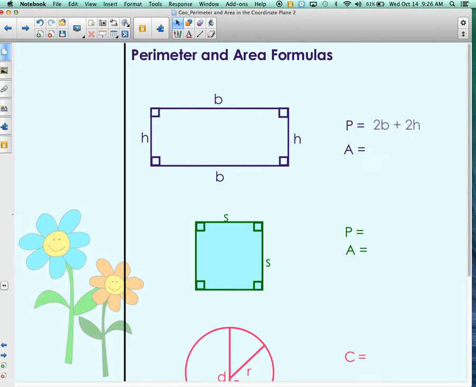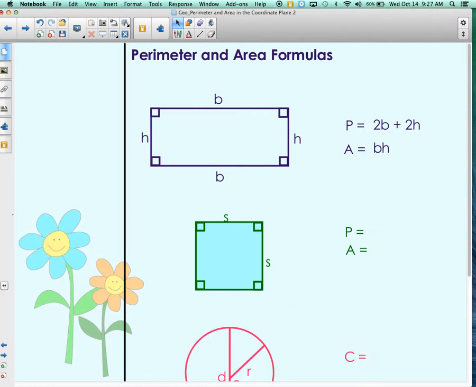So to find the perimeter, if you wanted a shortcut to adding up all the sides, you take 2 of your base lengths plus 2 of your height lengths, and that'll give you the perimeter. 2 length plus 2 width will give you perimeter. Okay? How do you find area? Do you remember that? Length times width, base times height. So there's the area formula for a rectangle.